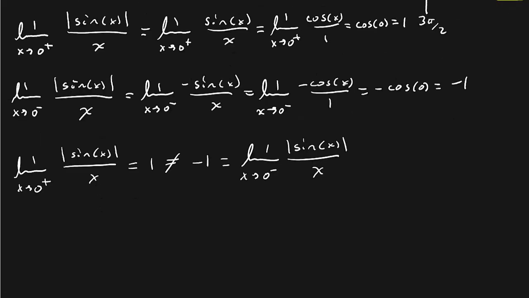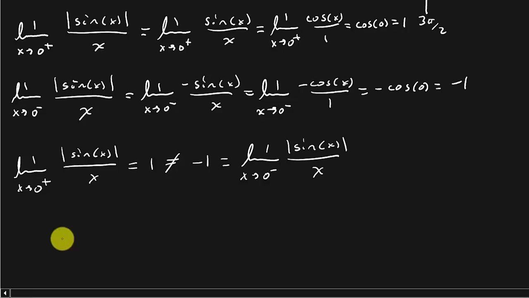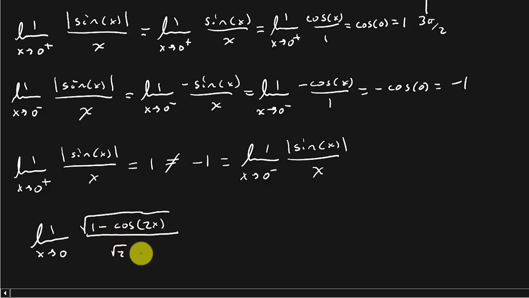And since those limits are not equal, then we can say the limit as x goes to 0 of the square root of 1 minus cosine 2x over the square root of 2x does not exist.